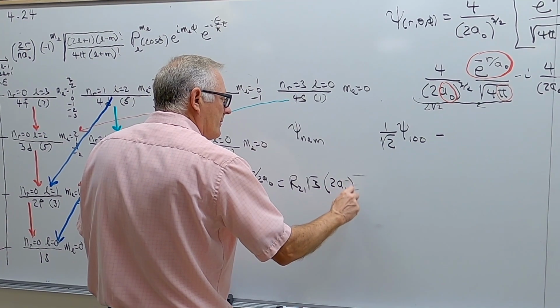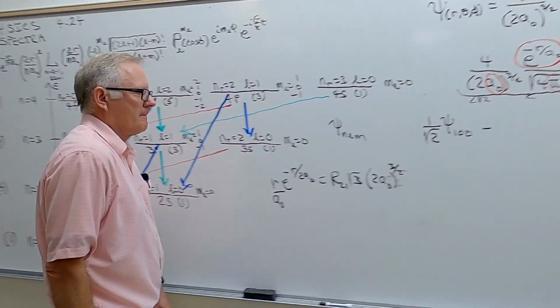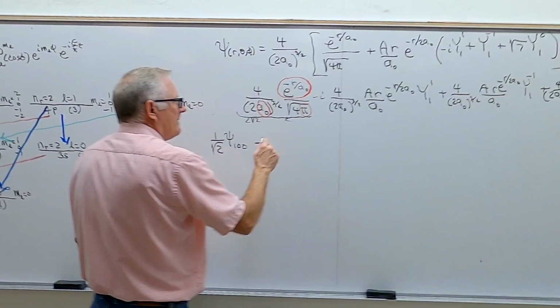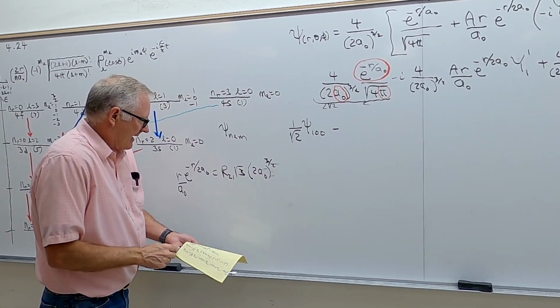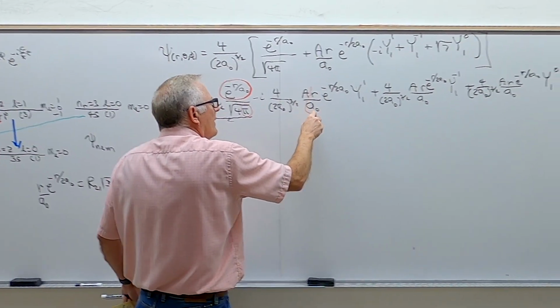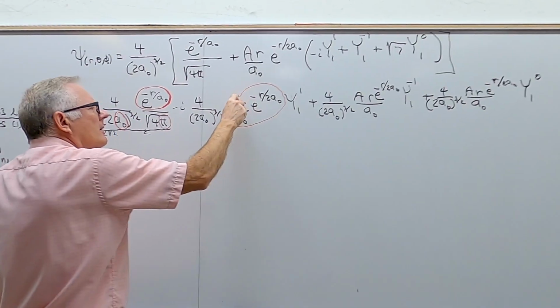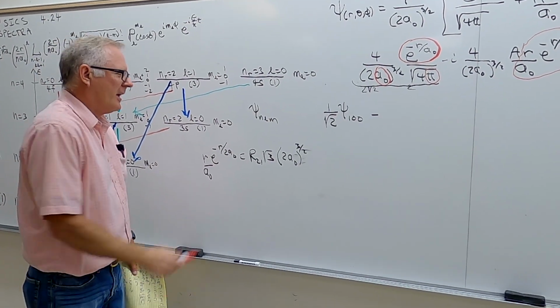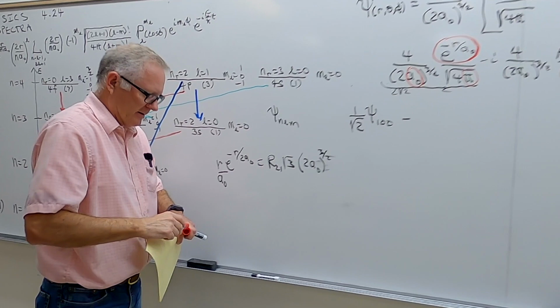2a naught to the 3 halves. Okay, so that means that this next term, I'm going to replace all of this, because there's the r over a naught e to the minus r over 2a naught, I'm going to replace it with this right here.